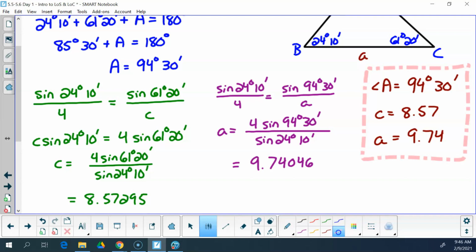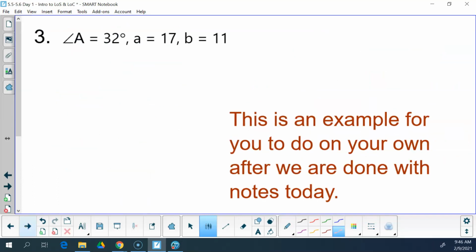Seeing none. Example number 3 on that page. This is an example that we would like you to do on your own. Not right now, because we're going to go on to the law of cosines now. So we can do that after we're done with notes today. You can come back to that.